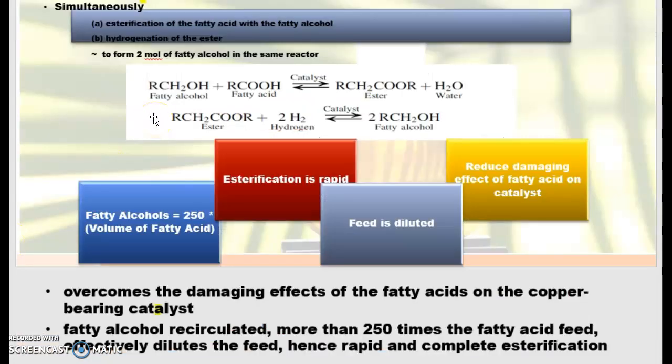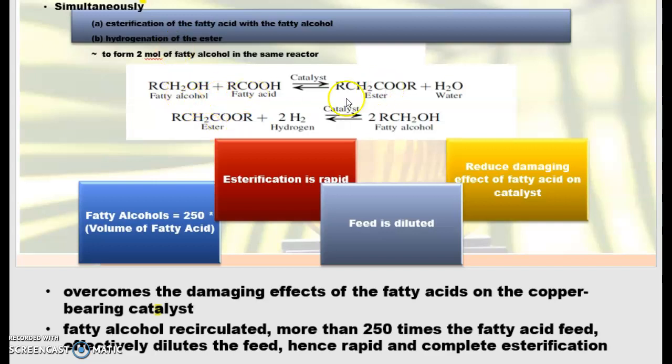Okay, so the suspension process is simultaneously processed, where the first phase is the esterification, where your fatty alcohol reacts with the fatty acids to produce fatty ester. It is a reversible reaction where you react your fatty ester with water and produce fatty alcohol and fatty acids.